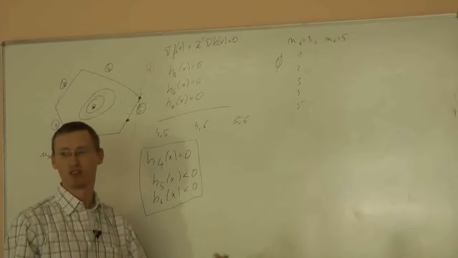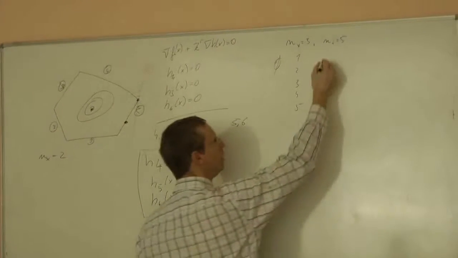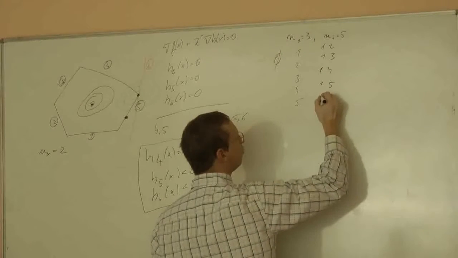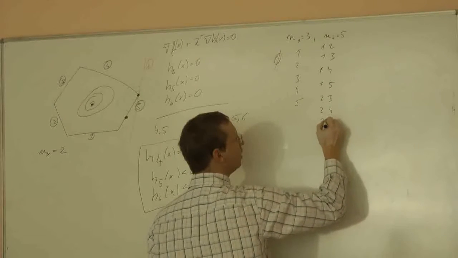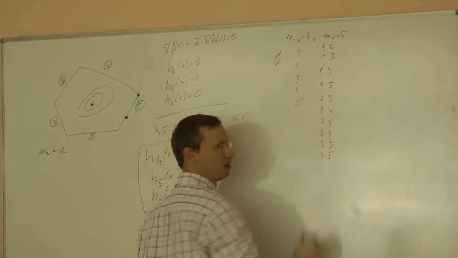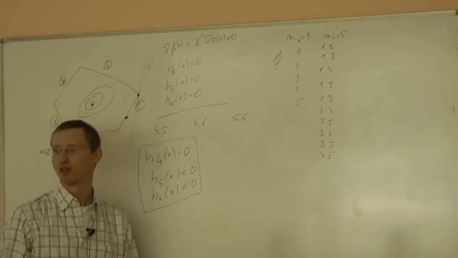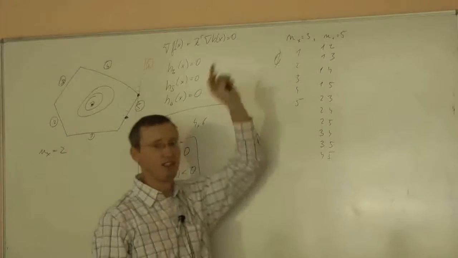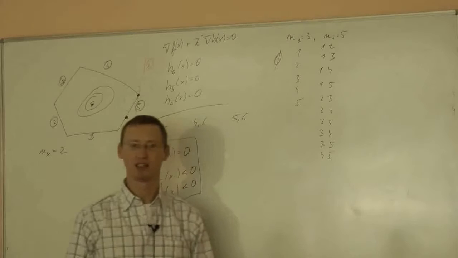But 2 constraints can be active, so it could be 1,2; 1,3; 1,4; 1,5; 2,3; 2,4; 2,5; 3,4; 3,5; 4,5. But we are still not done. The dimension of the optimization space is 3, so 3 constraints could be active at the optimum.